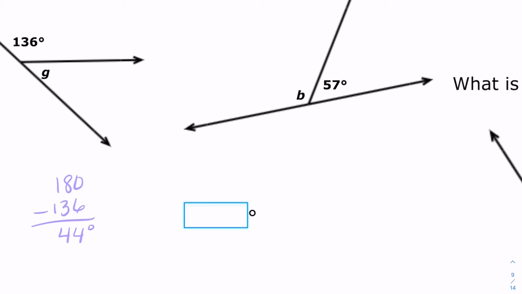Now the next one is going to be 180 take away 57. And that's going to be 123 degrees. All right. Together they add up to 180, so we are good.